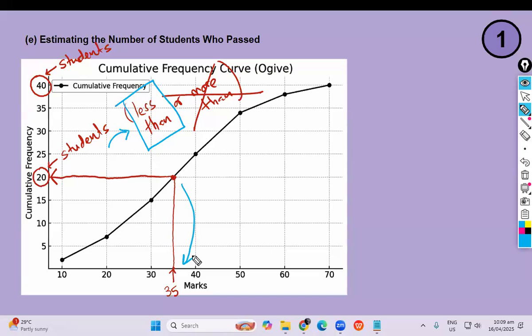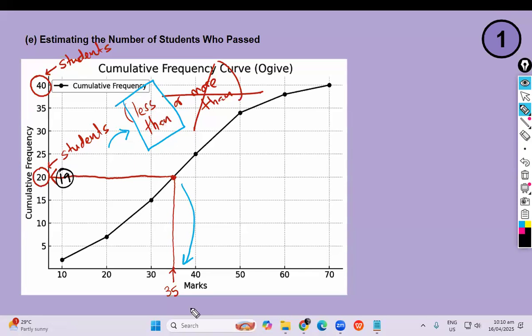More people are telling me they're getting 19 than 20, so let me adjust my answer. The value it falls on is 19, not 20. Great. That means 19 people got less than 35 marks.